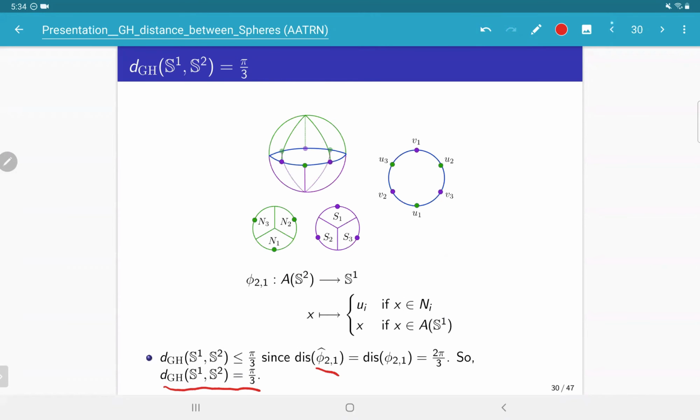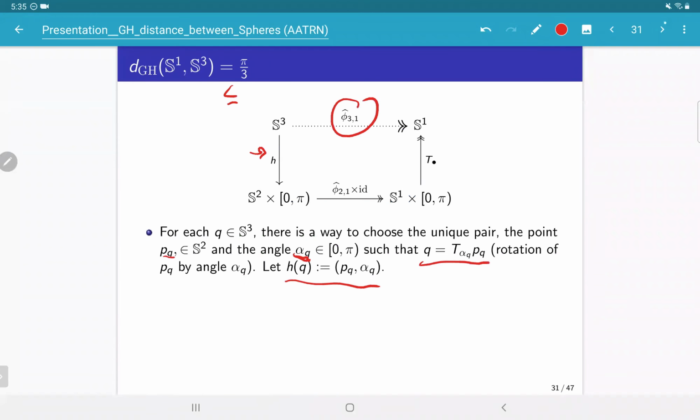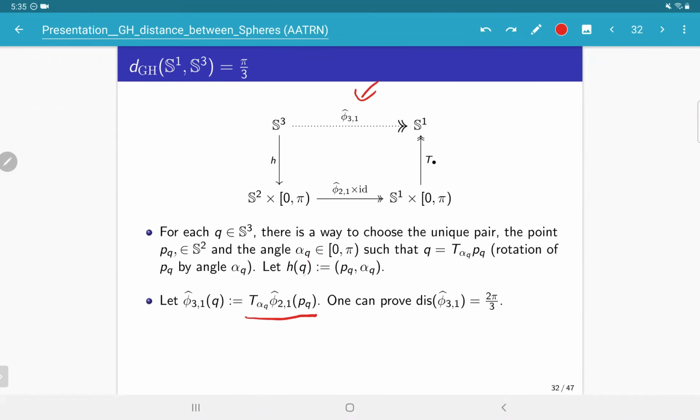It is the same map we used in the previous construction. More precisely, this is the one. So phi sub 2, 1 hat is the surjective map from S2 to S1 having distortion exactly 2 pi over 3. And by using the same map and rotating it slightly by angle alpha sub Q, we can define this new map phi 3, 1 hat, and it has a distortion exactly equal to 2 pi over 3.